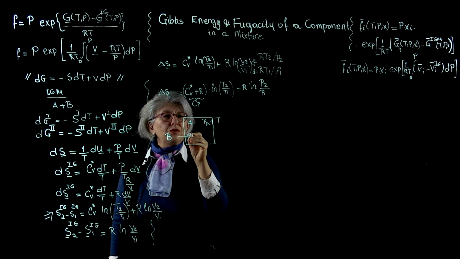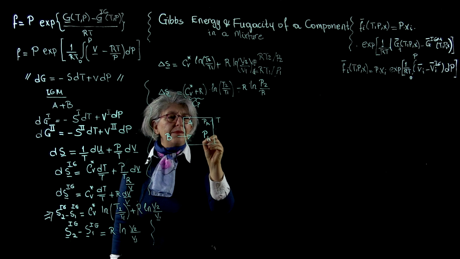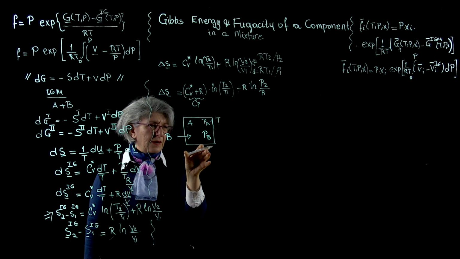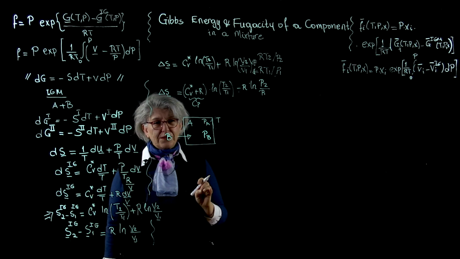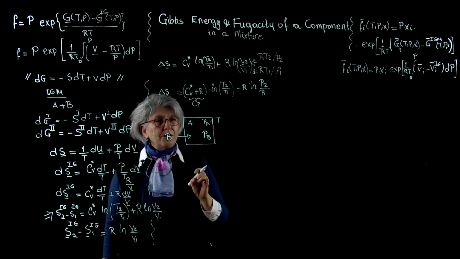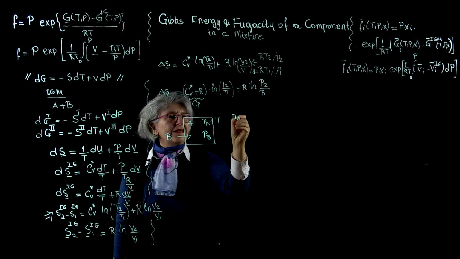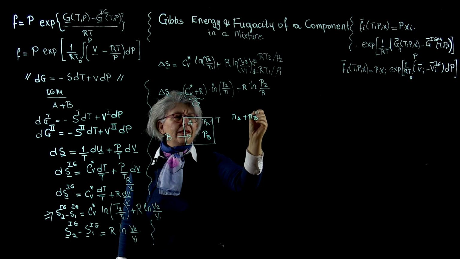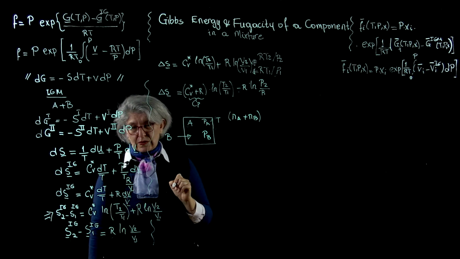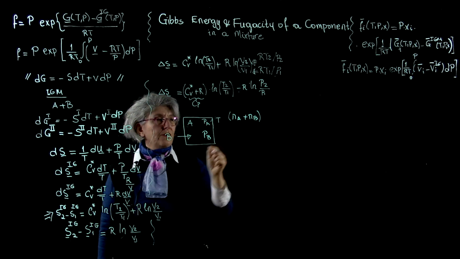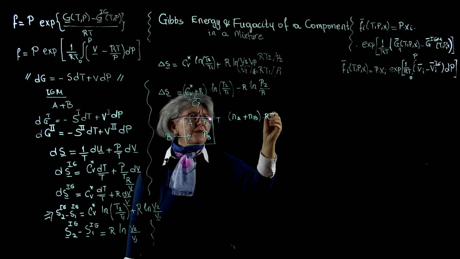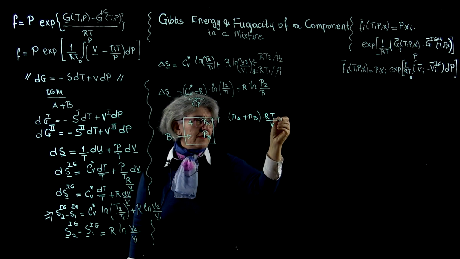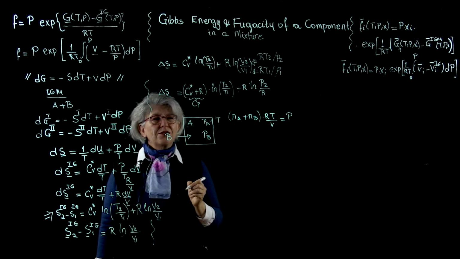I'm going to introduce P sub B of gas B into this chamber. So at the end of this process, I'm going to have N sub A plus N sub B as the total number of moles, times RT over V, which is the final pressure.